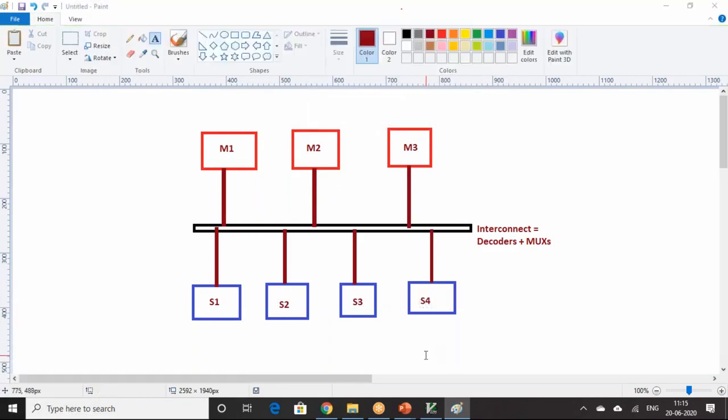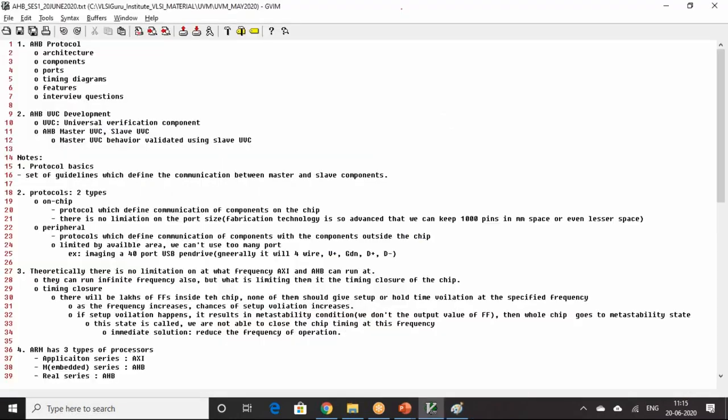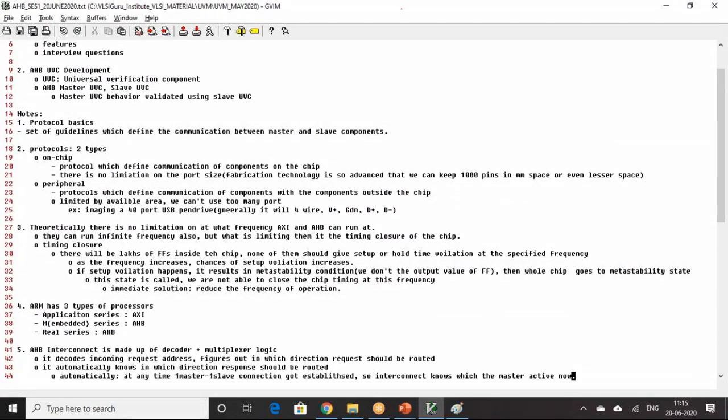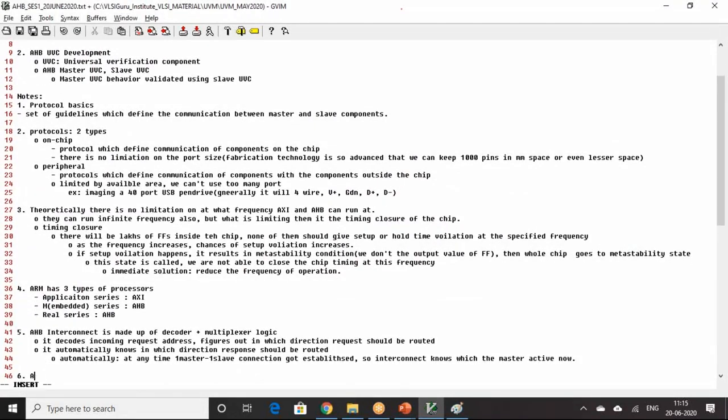AHB protocol supports system architecture with a maximum of 16 masters and 16 slaves.